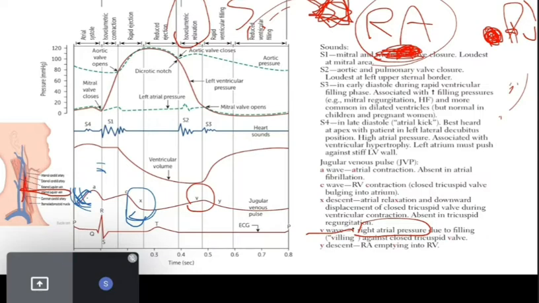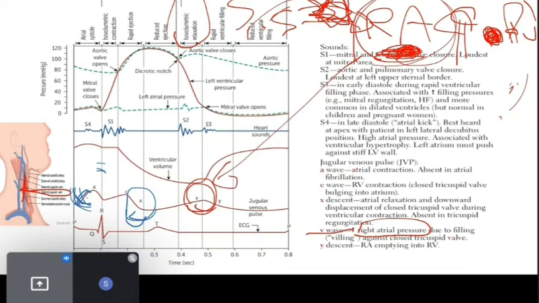Now, when the right atrium increases in pressure and volume because the superior and inferior vena cava fill it with blood, this is the V wave, from filling. So the filling of the right atrium, we call it the V wave.